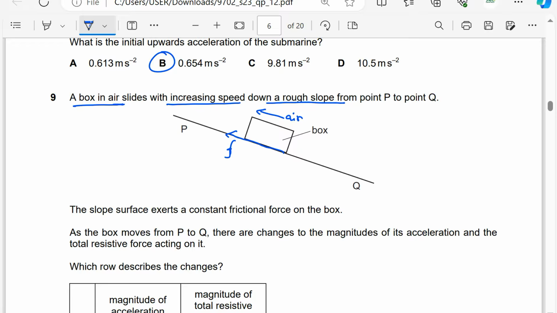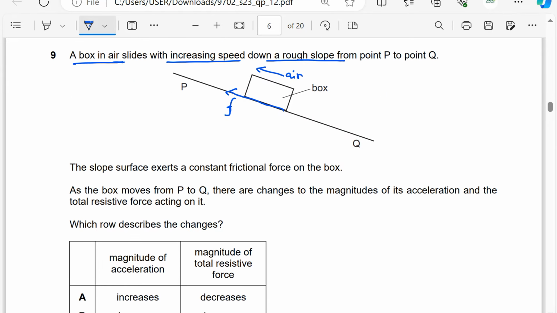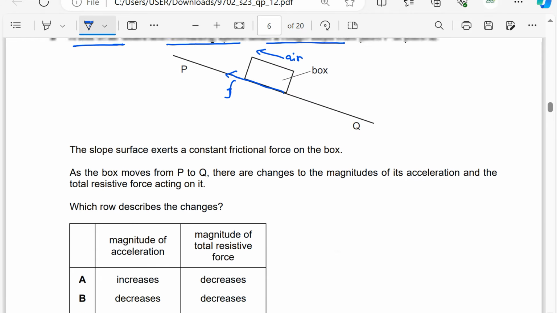The slope surface exerts a constant frictional force on the box. As the box moves from P to Q, there are changes in the magnitude of its acceleration and the total resistive force acting on it. Which arrow describes the changes?